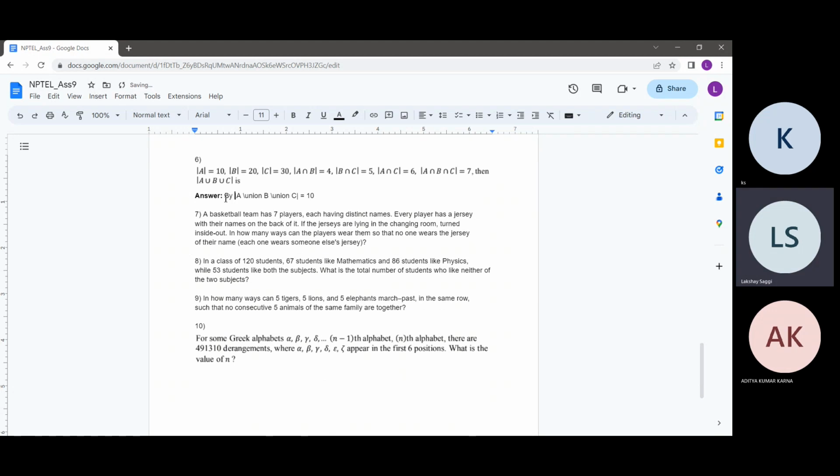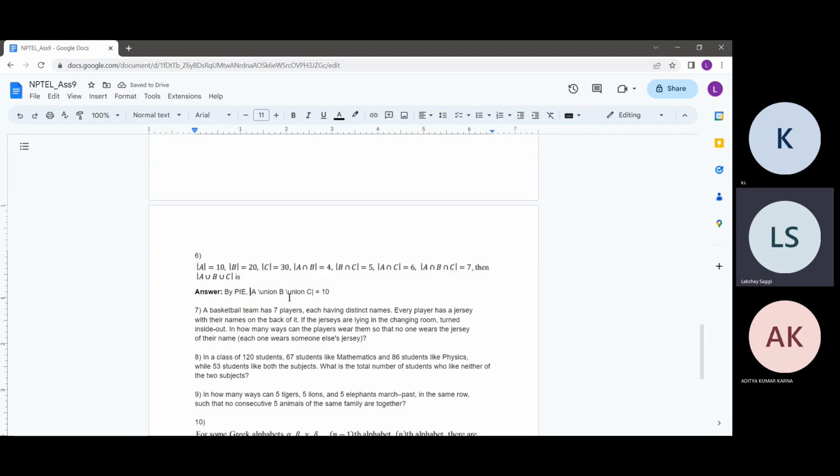PIE is nothing but principle of inclusion exclusion. So it is 10 plus 20 plus 30 minus A intersection B, which is 4, minus B intersection C, which is 5, minus A intersection C, which is 6, and then adding back A intersection B intersection C, which is 7.